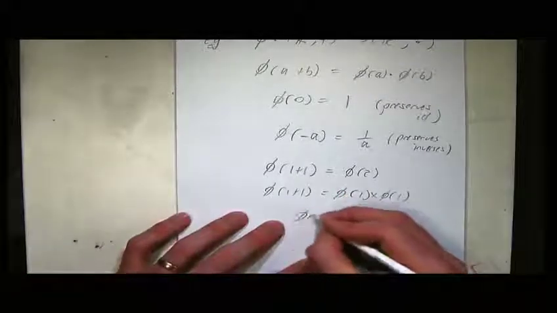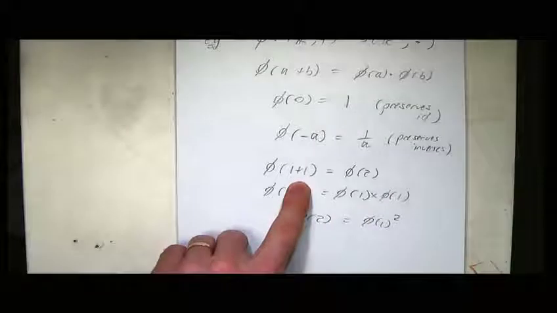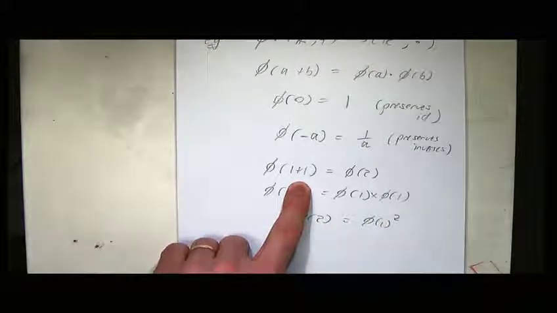So it looks like phi of 2 is phi of 1 squared. I'm just starting with specific numbers to see what happens to them. 2 is 1 plus 1, and 1 plus 1 would go to phi of 1 times phi of 1 because plus becomes times. So phi of 2 is phi of 1 squared. And the 2 in here became a power. Ah, maybe it's powers of something. And that would help me to think of what's going on.